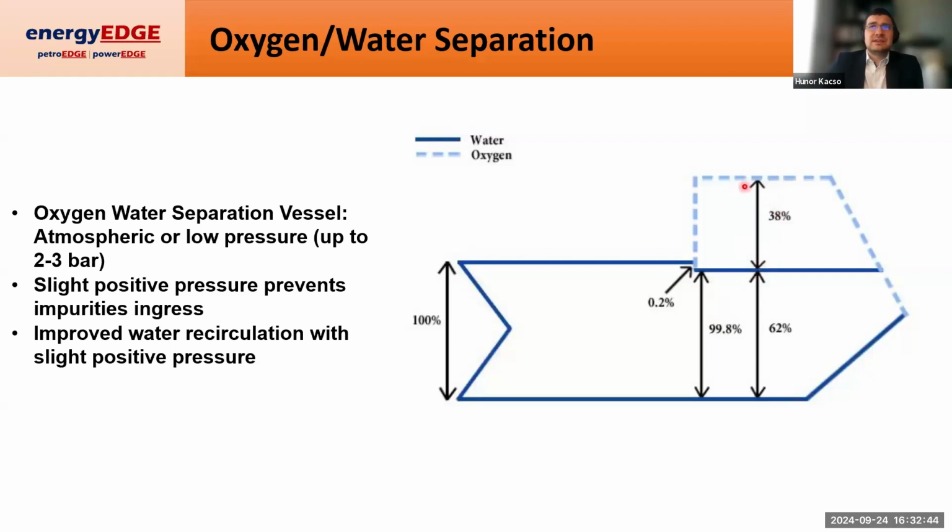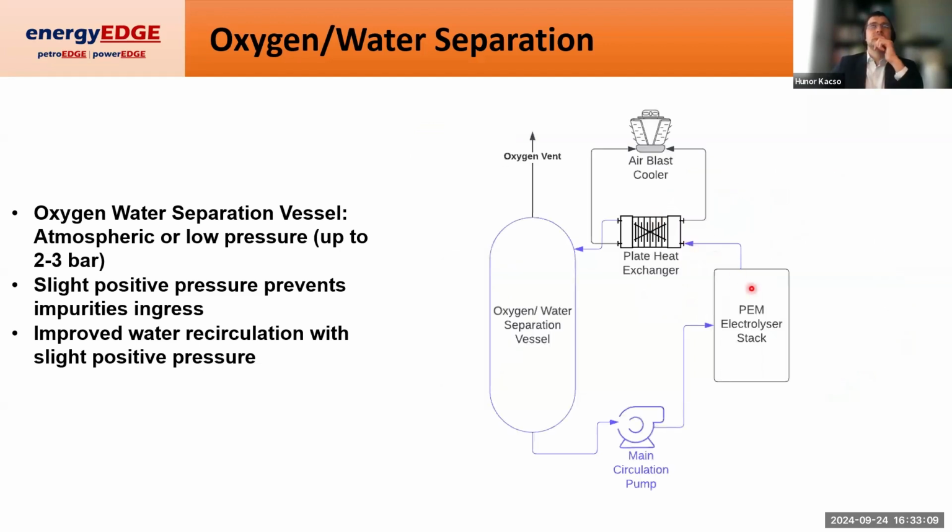So what you see here is, out of the 0.2% water, the oxygen that we've generated increases this volume by 38%. So actually we have to transport out a lot more volume than we've put in, because we, of course, have a lot of oxygen in this stream leaving the stack.